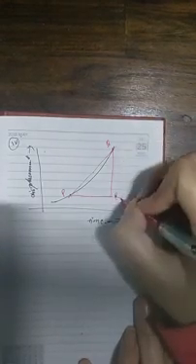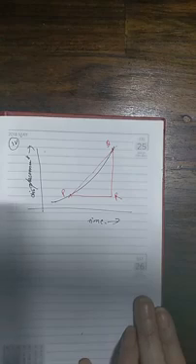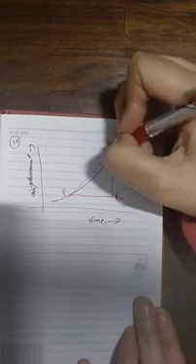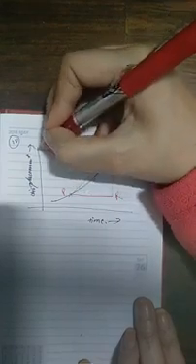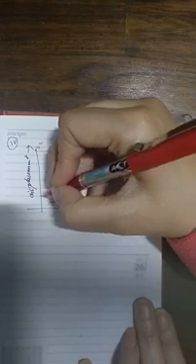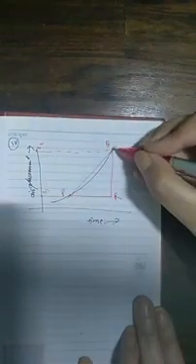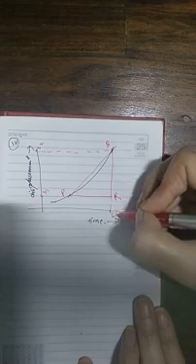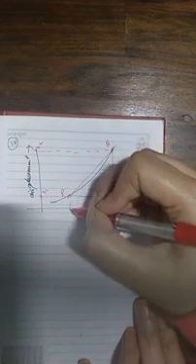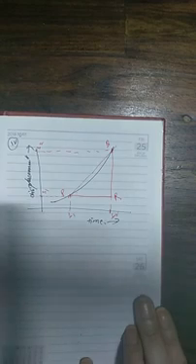This point is R. The value of this point on the y-axis will be S2. Value of this point on the y-axis will be S1. Again, the value of this point on the x-axis will be T2. Value of this point will be T1.